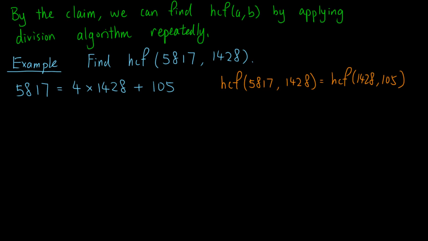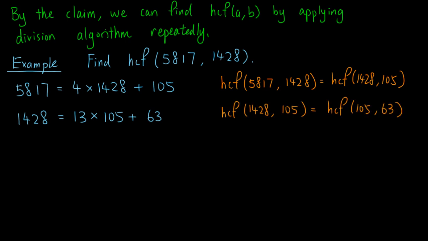Using the claim, this means that the HCF of 5817 and 1428 equals the HCF of 1428 and 105. Now, we continue to use the division algorithm on the numbers 1428 and 105. So now we write 1428 equals 13 times 105 plus 63. Again, this means that the HCF of 1428 and 105 is equal to the HCF of 105 and 63.